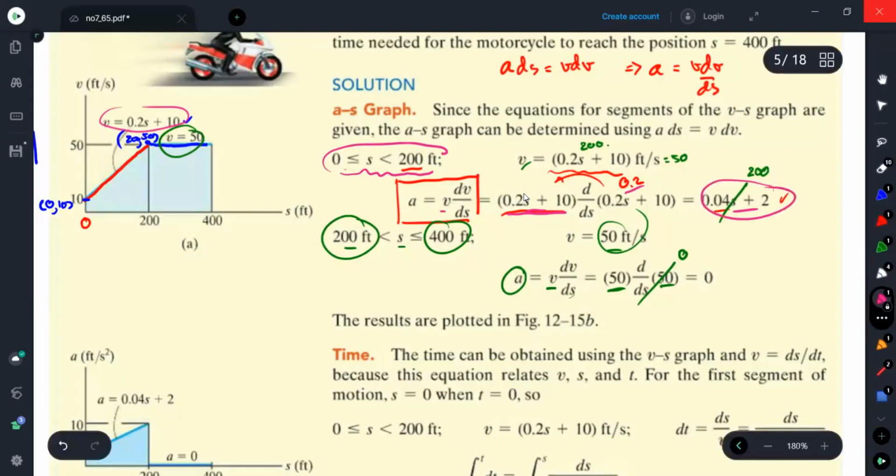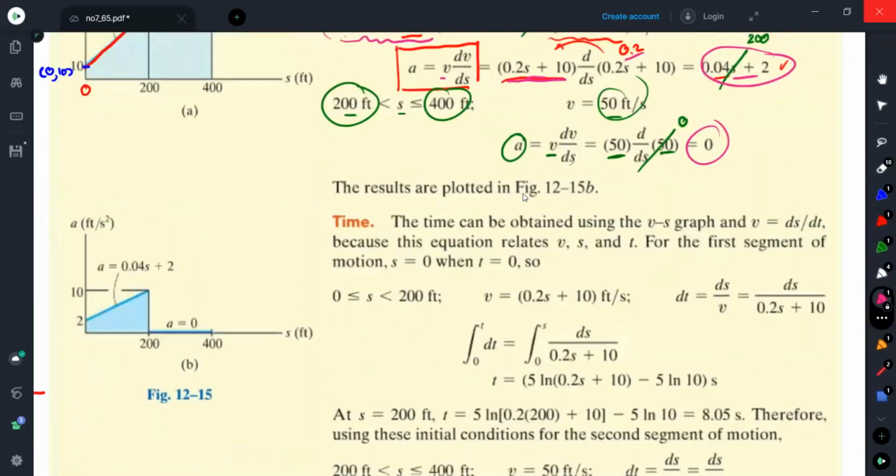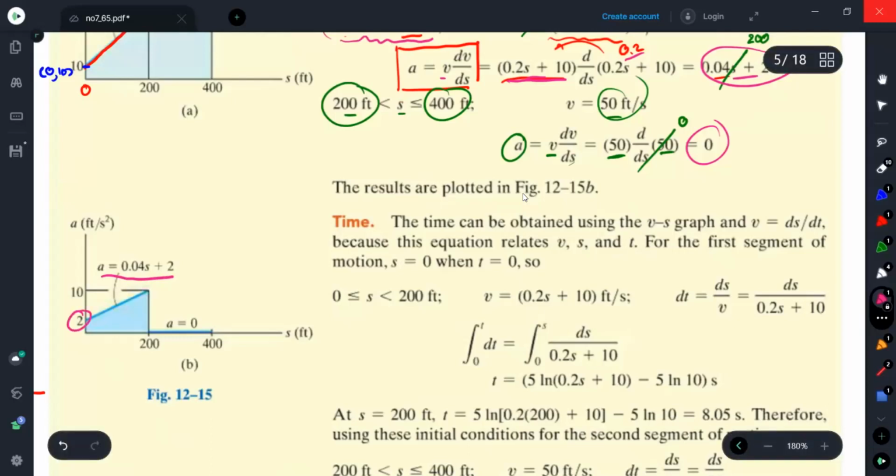We use this to plot the graph. For the first part, a is equal to 0.04s plus 2. So when we substitute s equal to 0, we get a equal to 2, and when we substitute s equal to 200, we get a equal to 10, right?